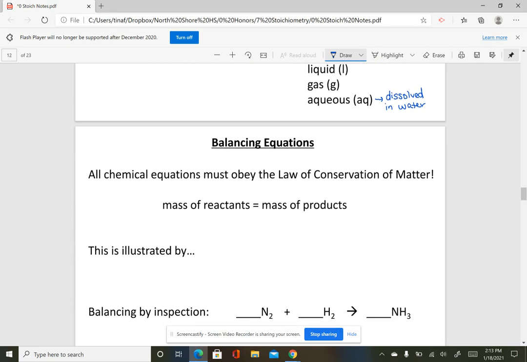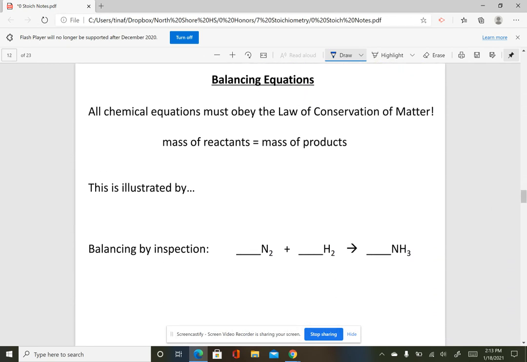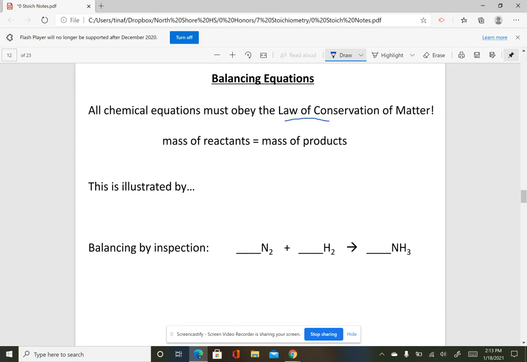Okay, so as far as balancing equations go, we want to think of the law of conservation of matter, which means that matter cannot be created or destroyed. So even though in a chemical reaction, the particles rearrange themselves and they turn into something new, you can't change the amount of stuff you started with. Whatever you start with, you also have to end with. So how do we know that in the lab?